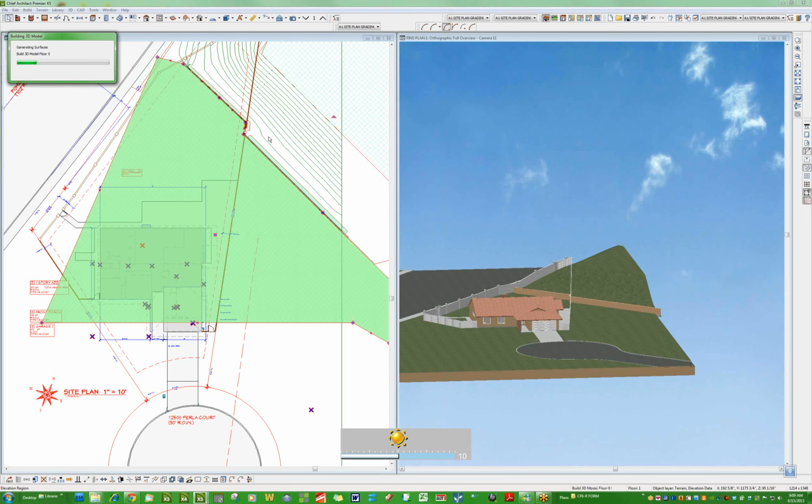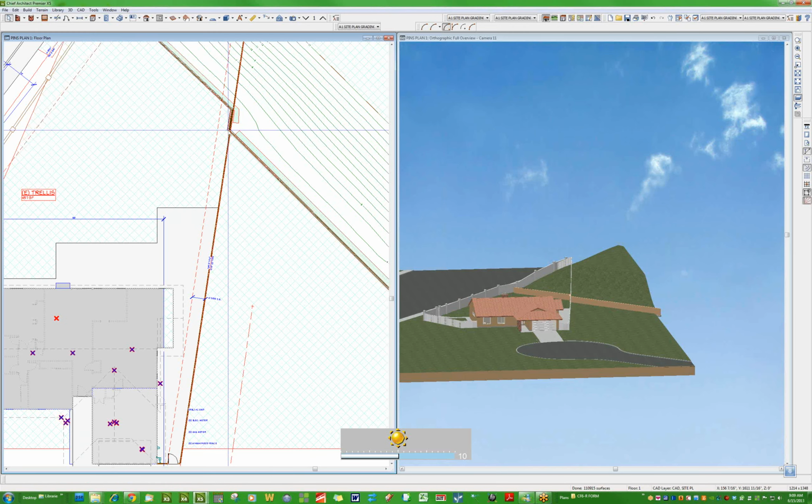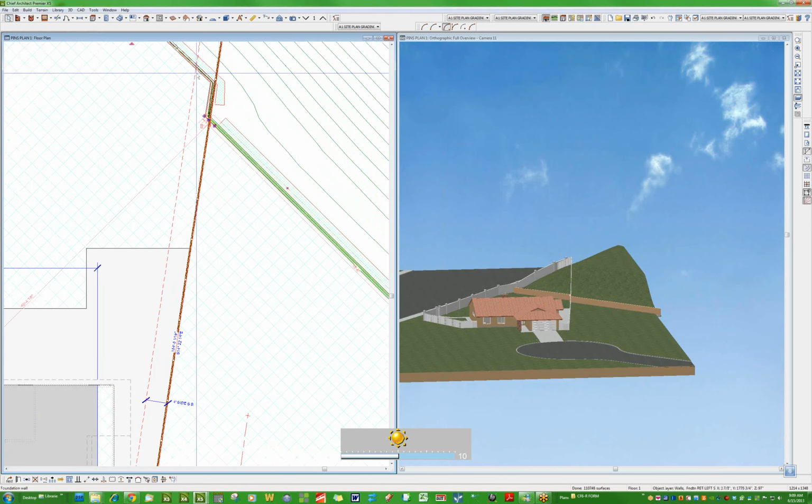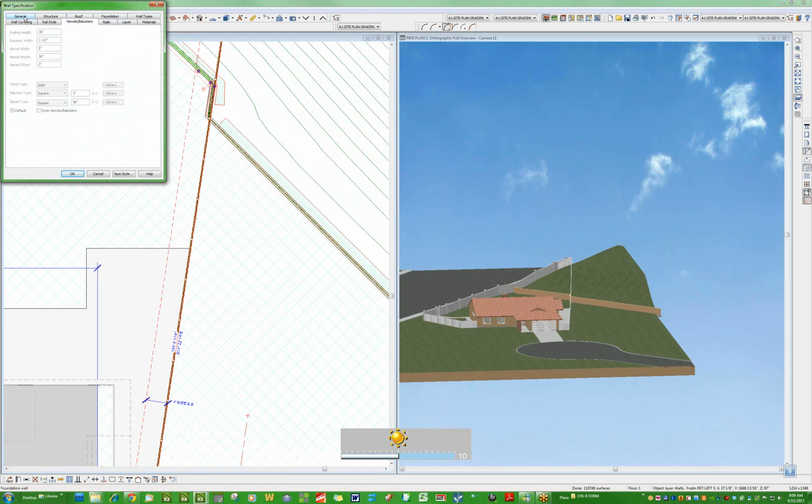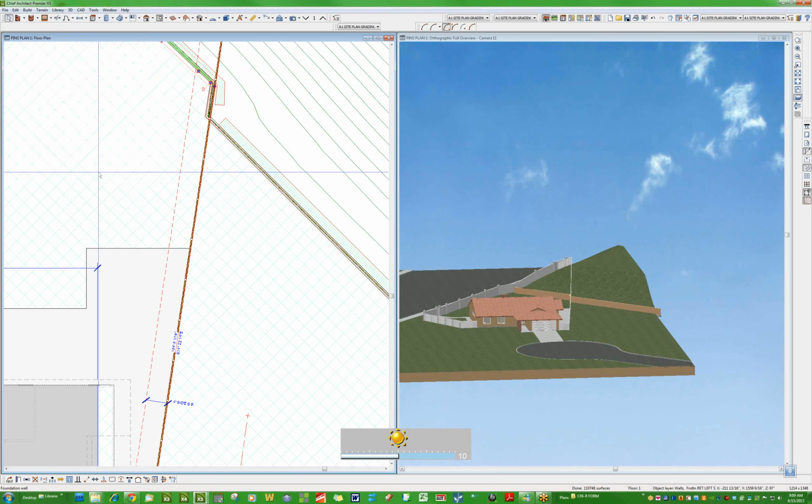So then I have a retaining wall, and back here, these are my retaining walls. But they're not defined as terrain retaining walls, because I find that if they're checked as terrain retaining walls, the top of that wall follows the slope, and so if the slope of the dirt is sloping down, the top of the retaining wall slopes too.